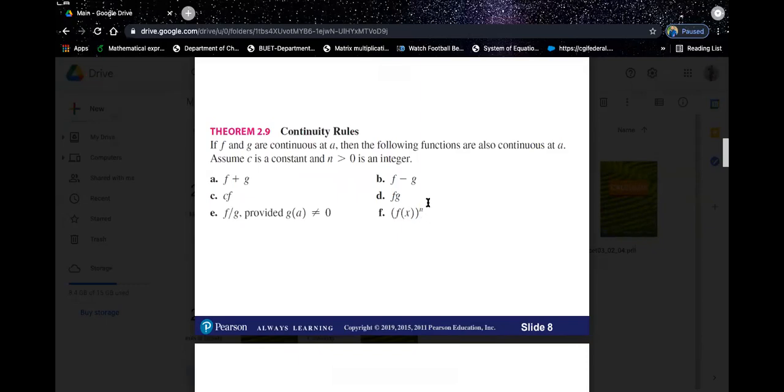If you have a continuous function and raise it to any exponent, it has to be a positive whole number, then this function will still be continuous at a.